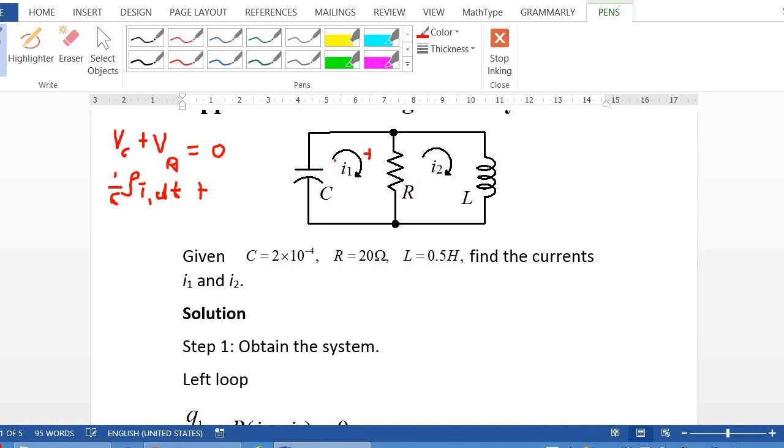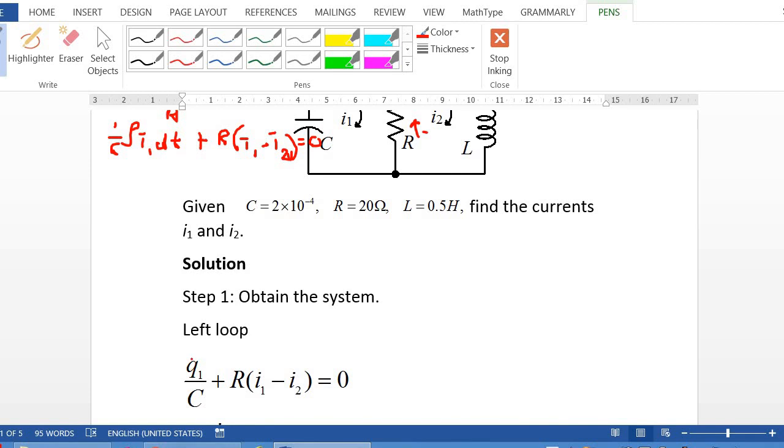If we consider I1 positive, then I2 will be negative, because one is going down and one is going up. That's why we have R times (I1 minus I2) equal to 0. The VC is 1 over C integral I1 dt.